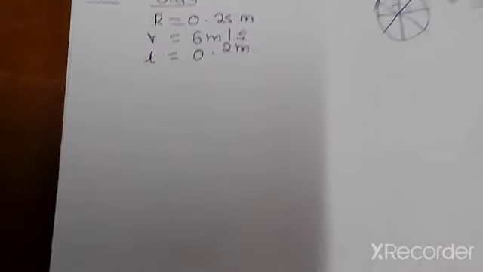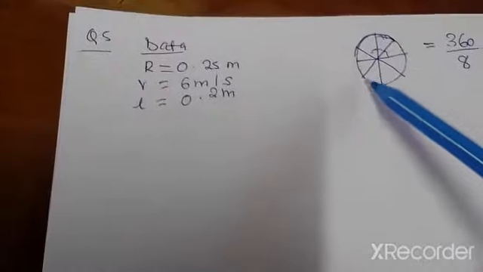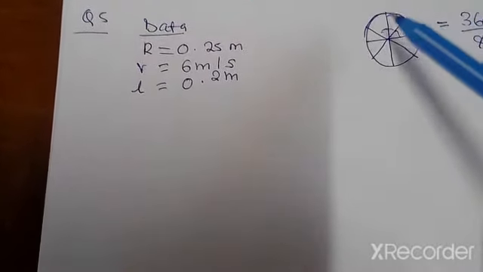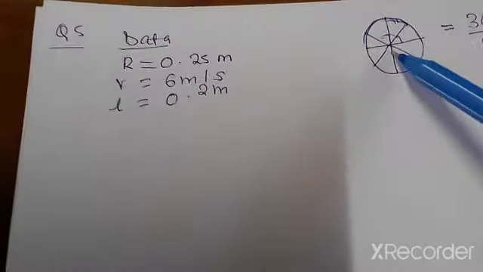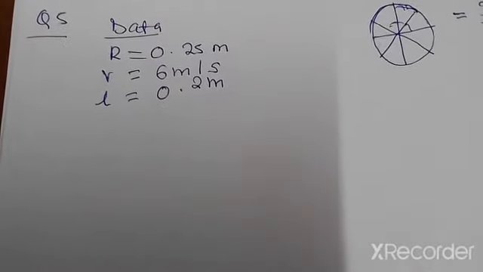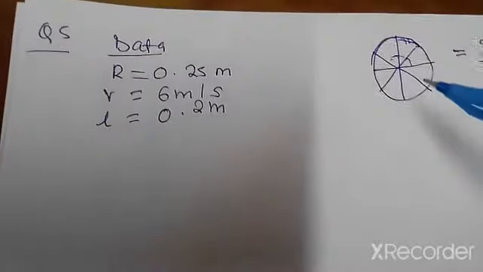But we've been told that an arrow of 20 centimeters is supposed to pass through here, meaning that the speed of the wheel should be equal to the speed of the arrow. Otherwise, they will crash. So we are going to take the speed of the wheel as the speed of the arrow.